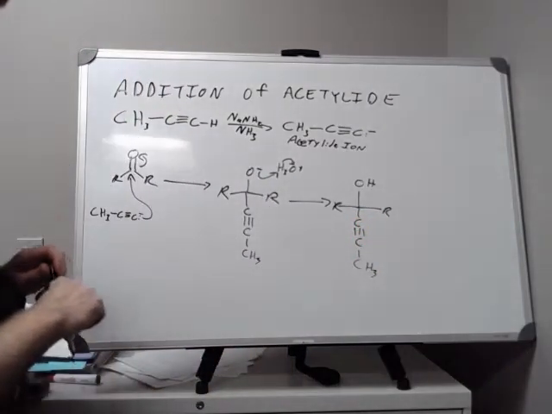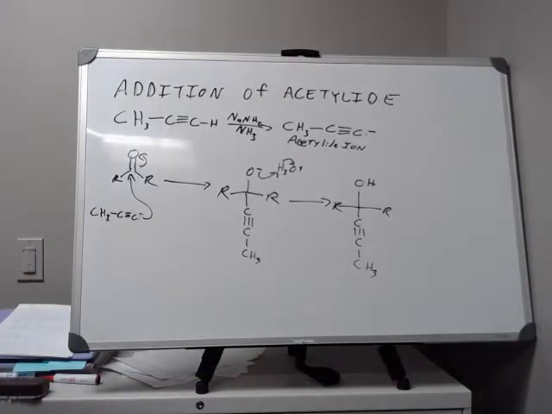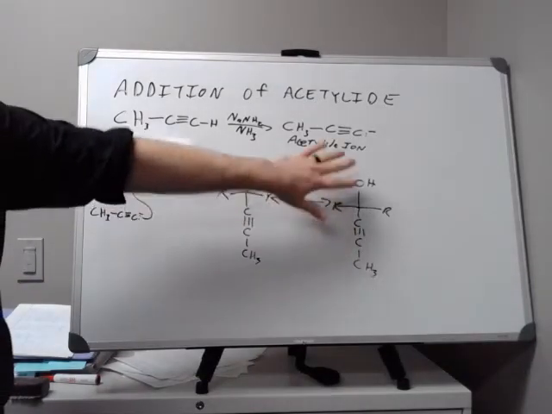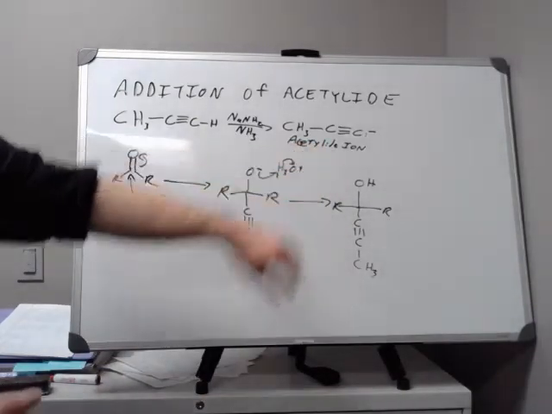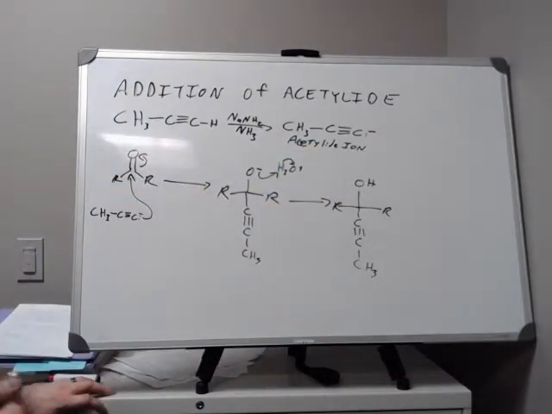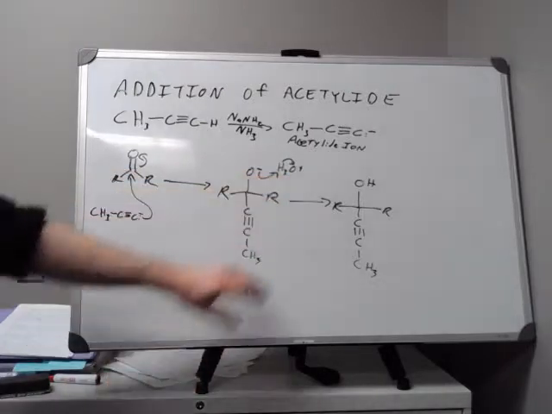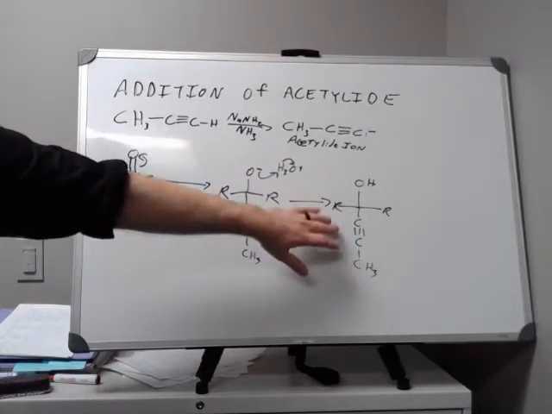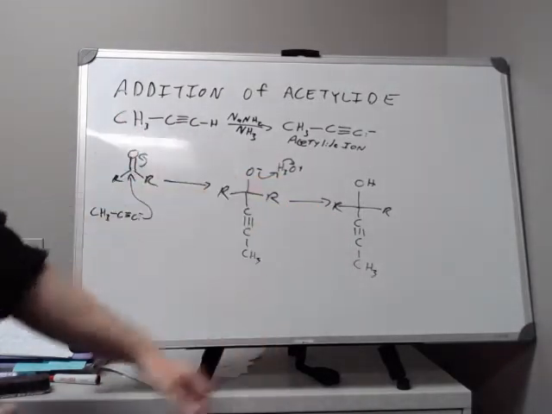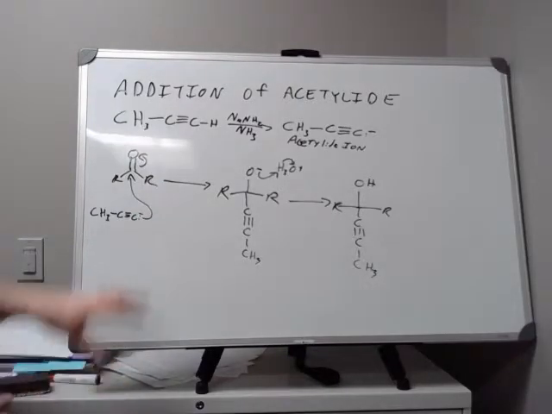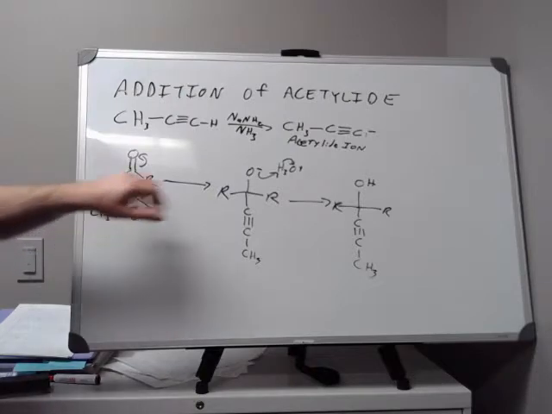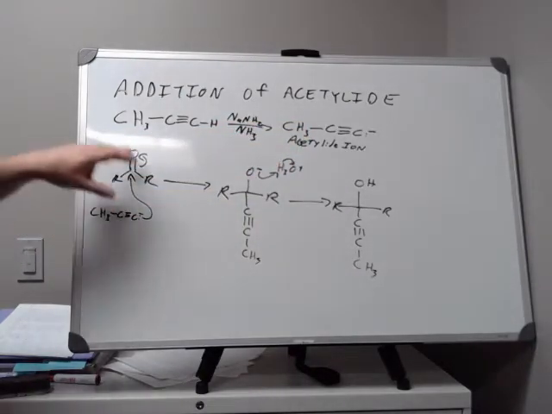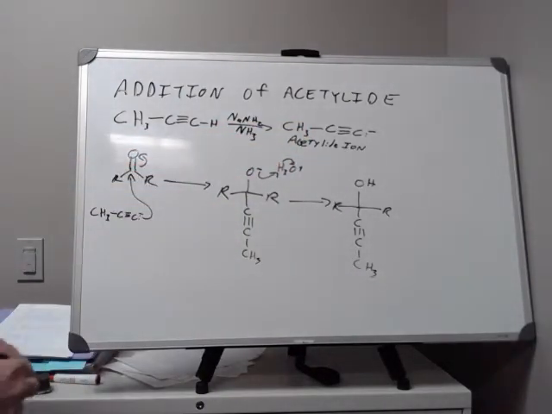And so once we have this alkyne added to our carbonyl and forming the alcohol, we can go and do other reactions such as reducing our triple bond to a double bond or a single bond. But this is another way where we can form a carbon-carbon bond, is by forming an acetylide ion and reacting that with a carbonyl to form this alcohol.